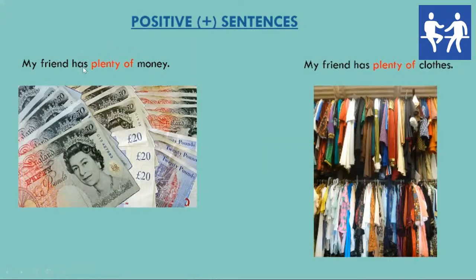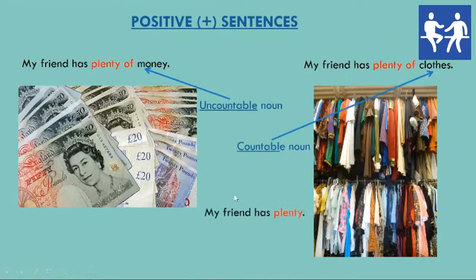There's one more type of quantity of clothes. So plenty of is another quantifier. And you've probably noticed in this case, even though money is an uncountable noun and clothes is a countable noun, we use the same quantifier, plenty of. And again, if we have no noun, we simply say plenty.